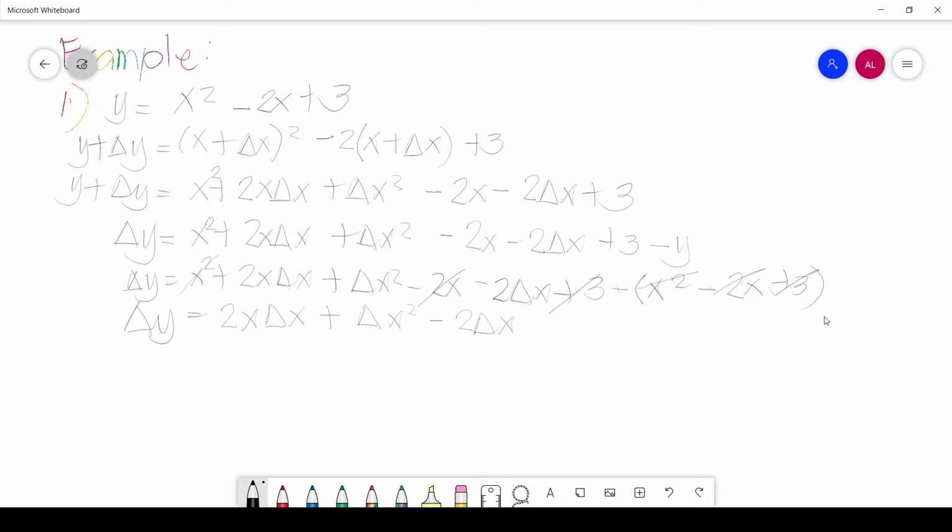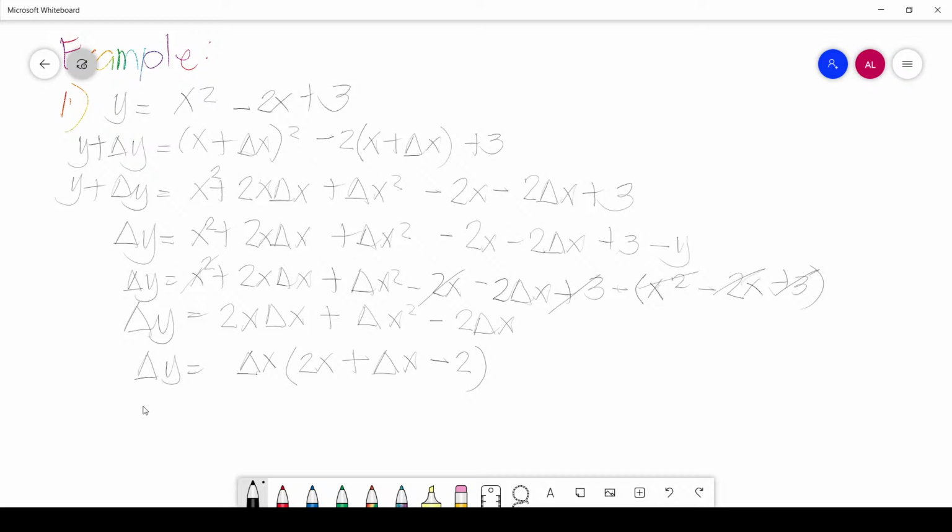Okay. Then, in solving delta y, our main target on the right side is to factor out delta x. So that is delta x, right? Factor out, we have 2x, then copy the sign, delta x, then 2. Okay?